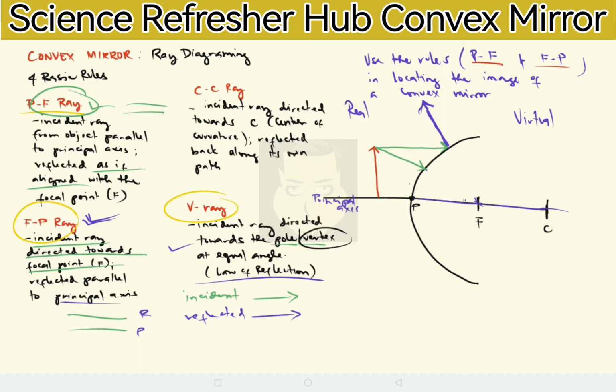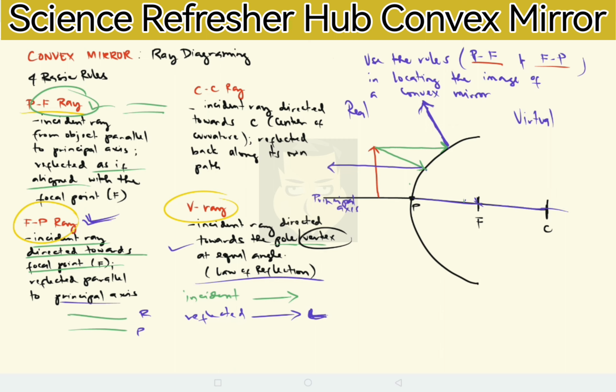So it's parallel, so I will draw a line not meeting the principal axis. Okay, no image will form because the first reflected ray is going in this direction, and the other one is going in this direction. No intersection, so we will find the image by extending our reflected rays. Focus on the blue rays.